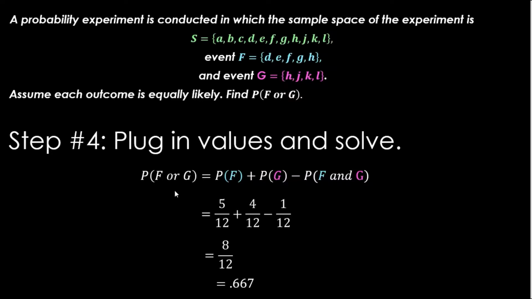The probability of F or G is equal to probability of F plus the probability of G minus the probability of F and G, which is equal to 5 over 12 plus 4 over 12 minus 1 over 12. This simplifies to 0.667. So the probability of F or G is equal to 0.667.